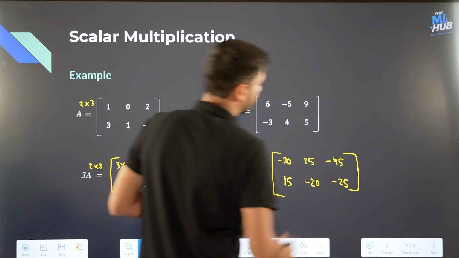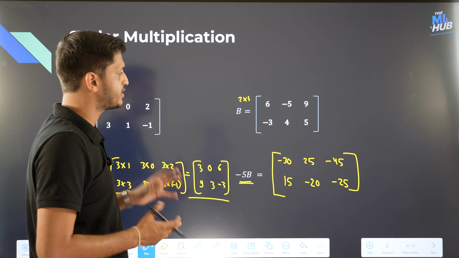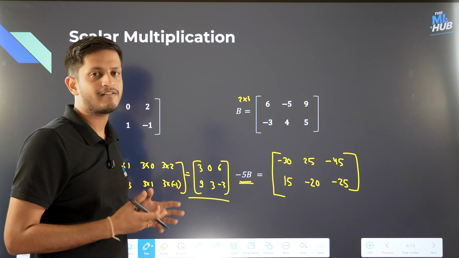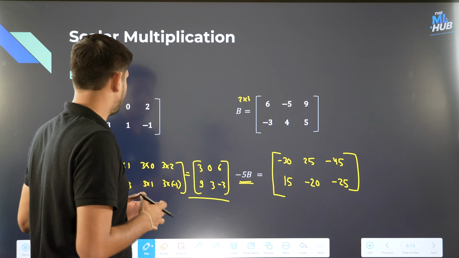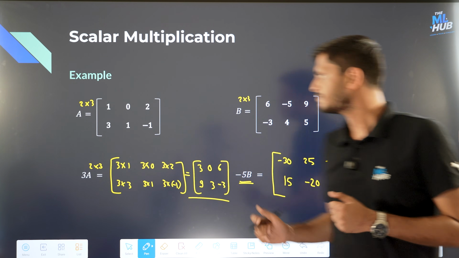So this is how you can compute. Even the constant or the scalar can be negative as well. It can be 0, positive, negative, anything, and you can just multiply all the elements element-wise and get the final multiplication. This is how we do scalar multiplication on matrices.